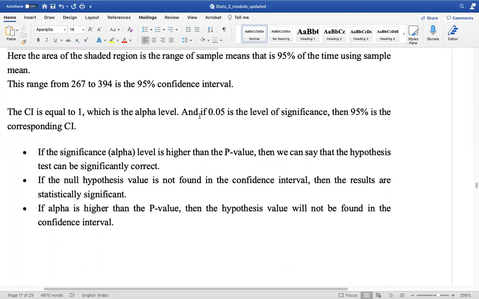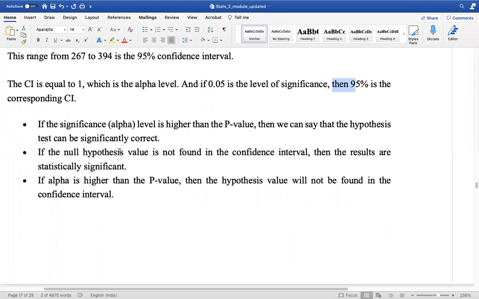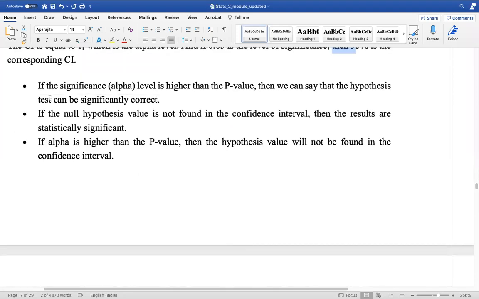When we take the alpha value as 0.05, that means 95% confidence. If you take the alpha value as 0.01, then 99% confidence. So if the significance alpha level is higher than the p value, whatever alpha value we consider, and meanwhile we calculated the p value, then we can say that the result is statistically significant. Understood?